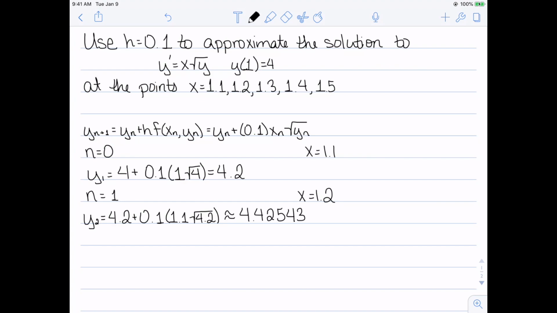We get approximately 4.42543. That would be our estimate for 1.2. To estimate 1.3, I would then use this formula. I would let x sub n be equal to 1.2 and y sub n be equal to this 4.42543, and I would be able to find my next value.